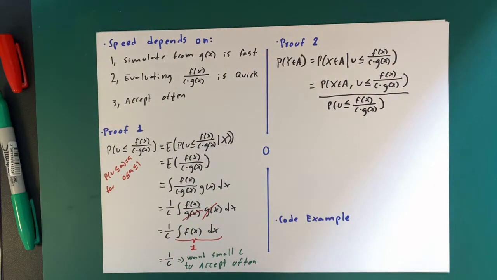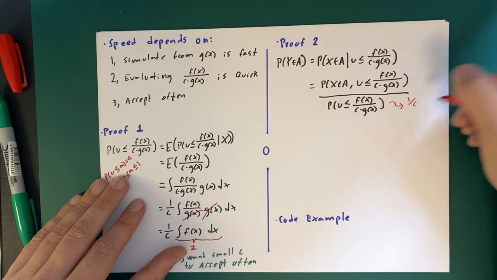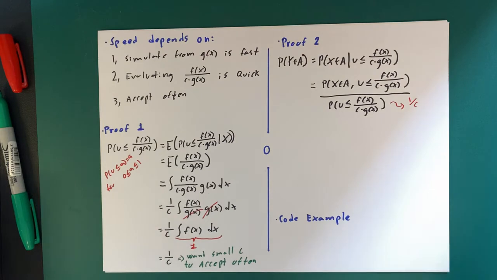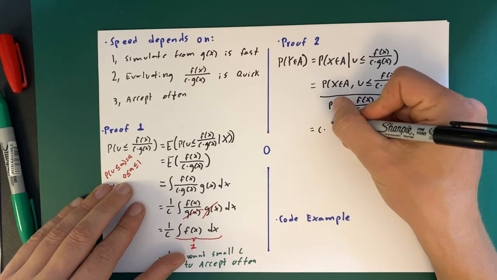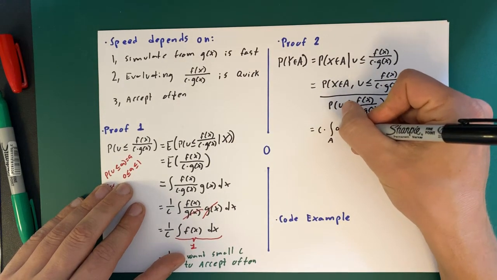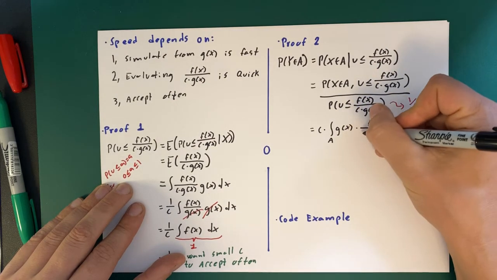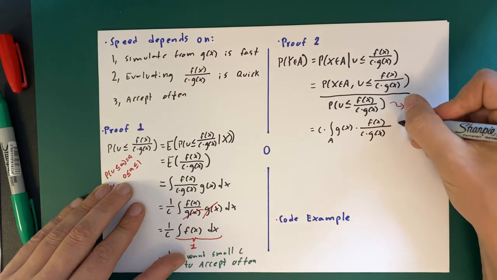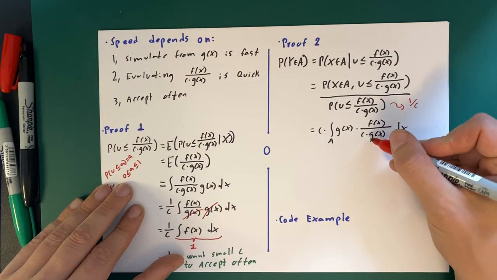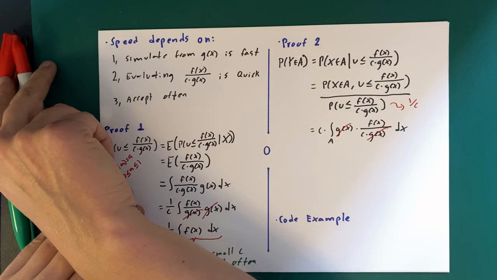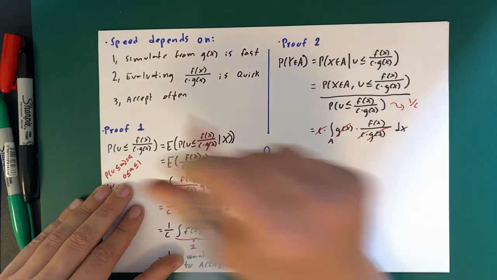But then we notice that this denominator we already know is 1 over c, because we just proved that. That's the probability of accepting. So all of this becomes c times the integral over the set A of g(x) times f(x) over c times g(x) with respect to dx. Again, the g's cancel out, and the c's cancel out.